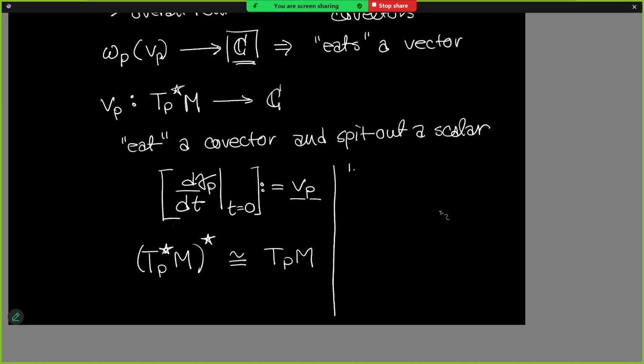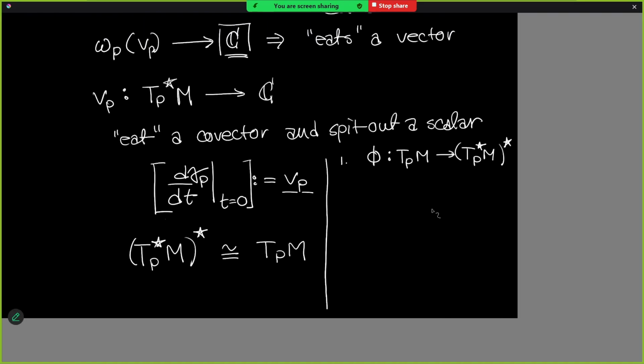The way you can think of this isomorphism, call it phi, is that phi maps something in T_p M to something in T_p star M star. I'm going to have a tough time pronouncing this.